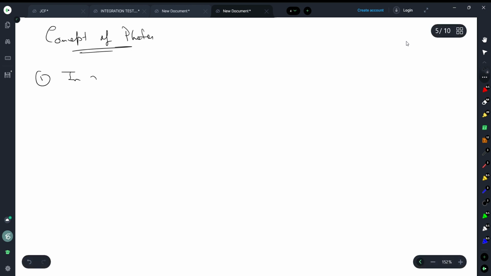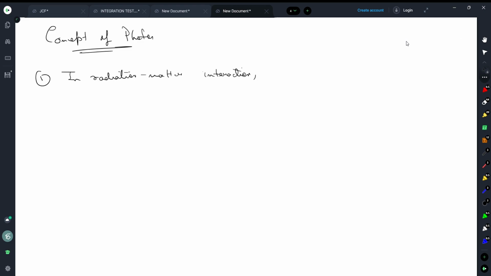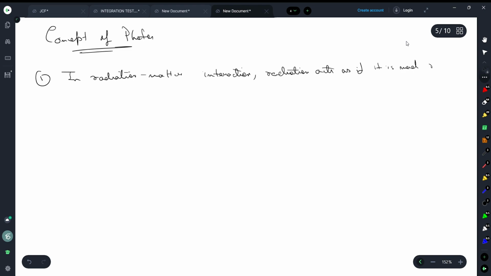In radiation-matter interaction, that is, the light source is considered as a radiation which is interacting with the matter, which is the metal surface having electrons, radiation acts as if it is made of particles. In this case, photons.